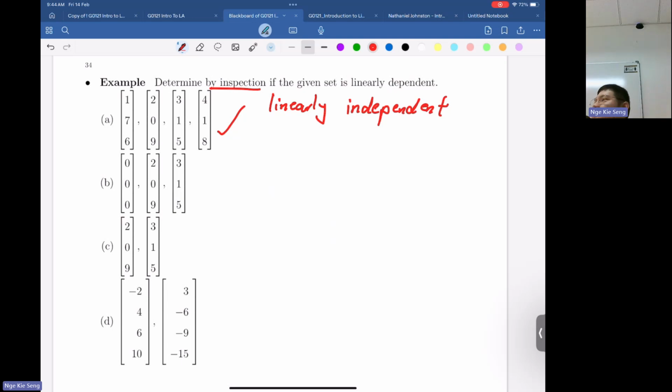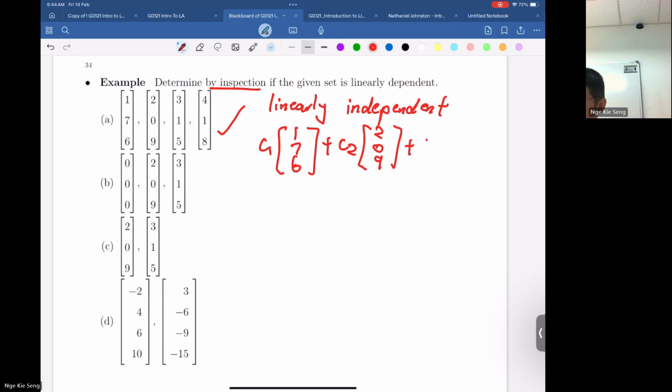What do you do? So you set out the linearly dependent relation, right? You should show that C1 up to C4 must be 0.